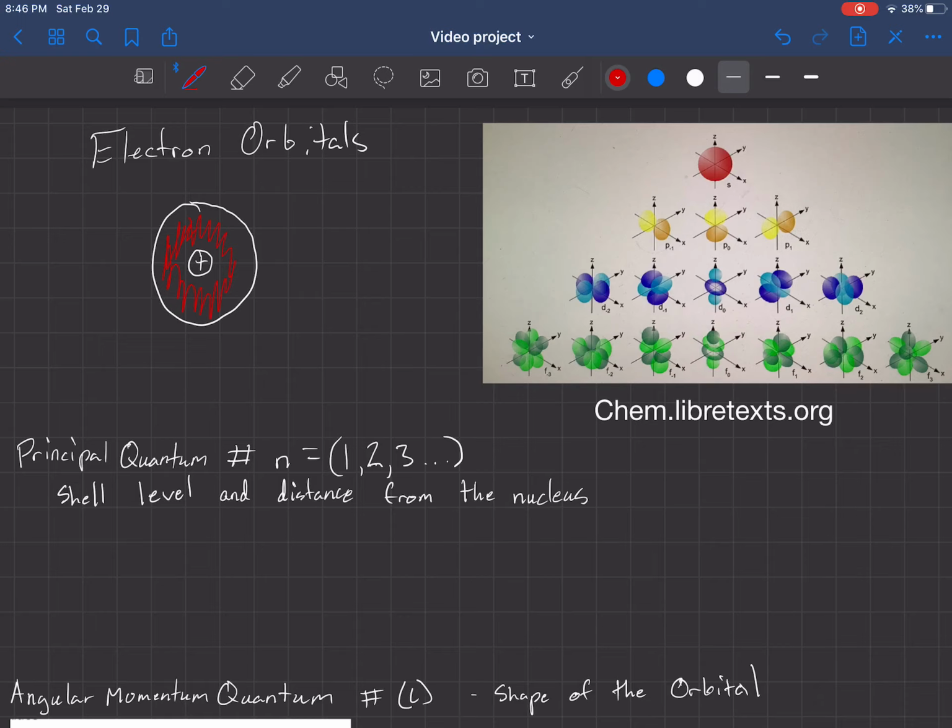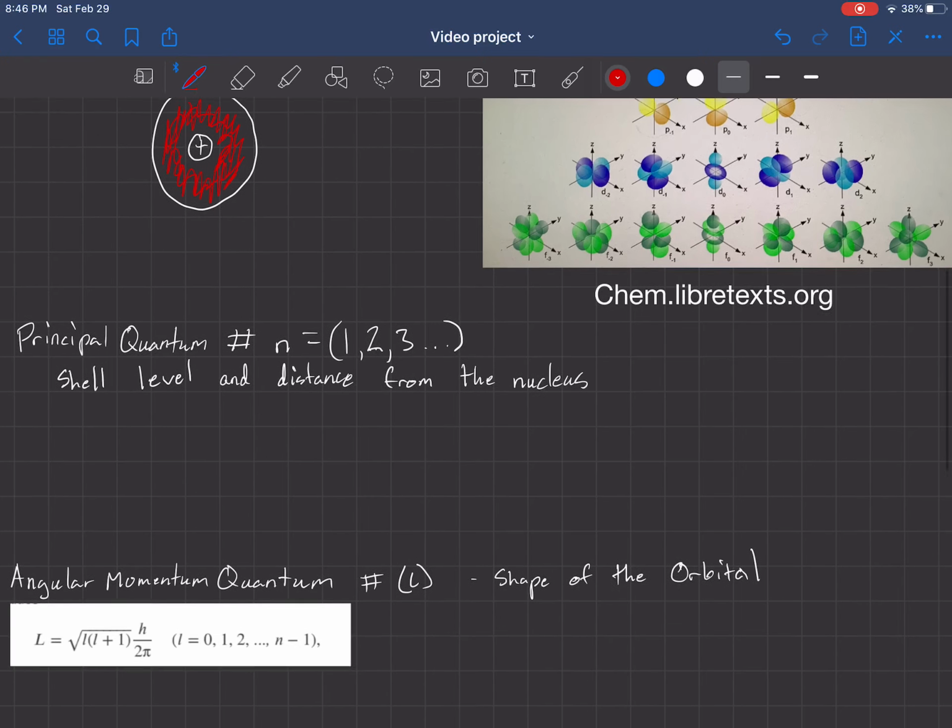So it can be in any of these crevices in any of the space at any given time, which means we have to have a pretty complex way of deciding that this is exactly the space we want it to be in. So we have 4 different quantum numbers that help us decide where exactly this electron is in space.